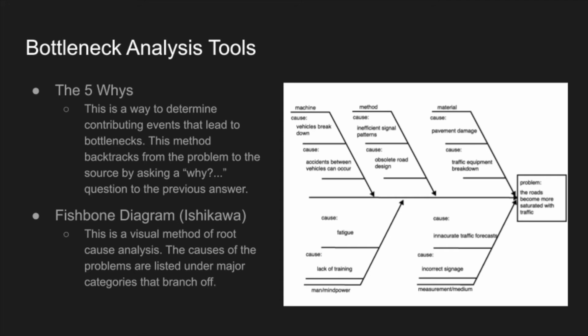The next one is the fishbone or Ishikawa diagram, and I just made one for our next example, which is going to be a traffic analysis. On each section of the Ishikawa diagram, there are the 5 M's of industry, and below each is a cause for the problem at the left.